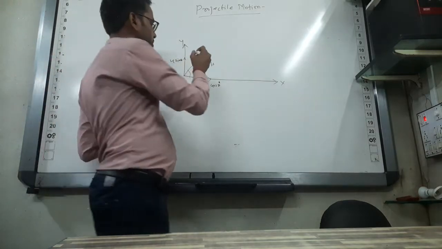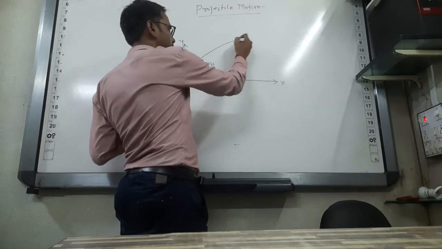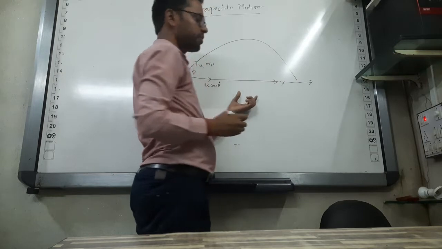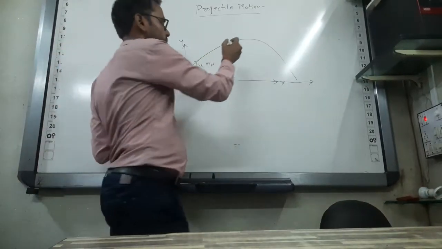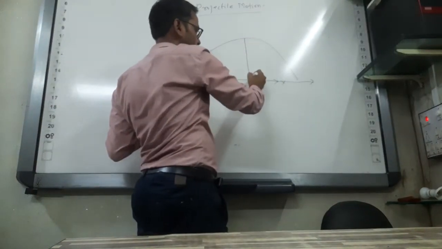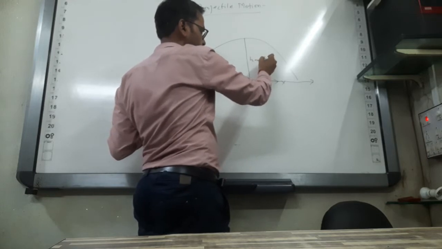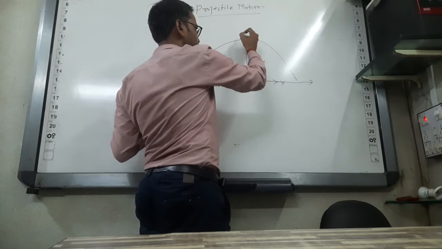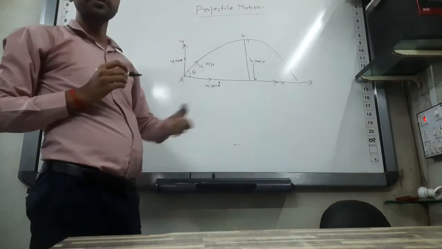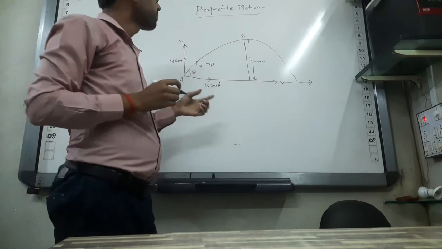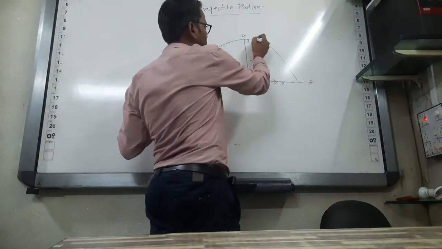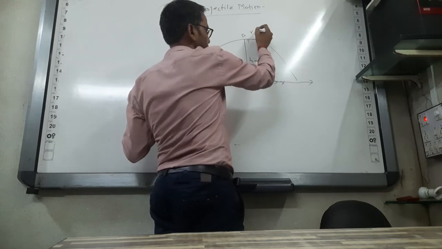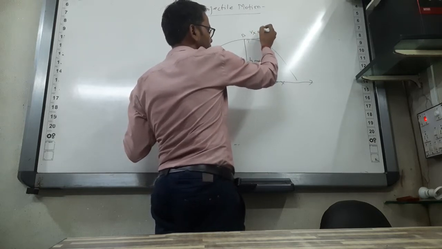Now, as time increases, the ball covers maximum distance. Suppose this one is h, where h is the maximum height. Suppose this one is point B, and at point B the vertical component of velocity is 0, that is Vy equal to 0.